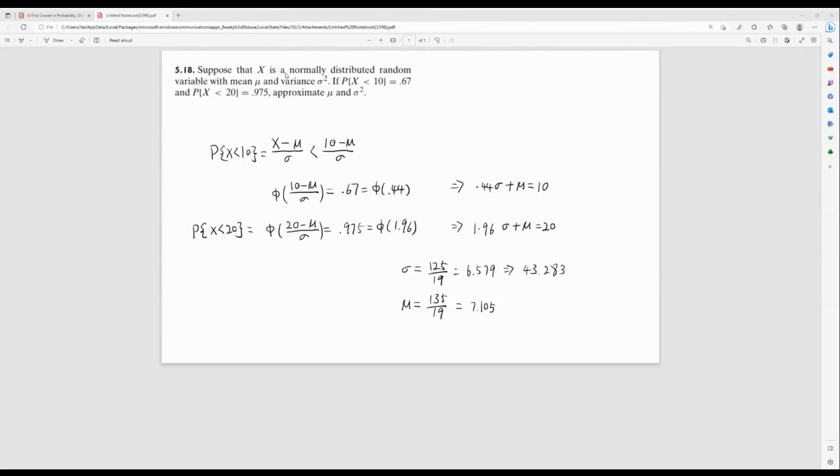Suppose that X is a normally distributed random variable with mean mu and variance sigma squared. If P of X less than 10 is equal to 0.6700 and P of X less than 20 is equal to 0.9750, approximate mu and sigma squared. So we just plug into the formula.